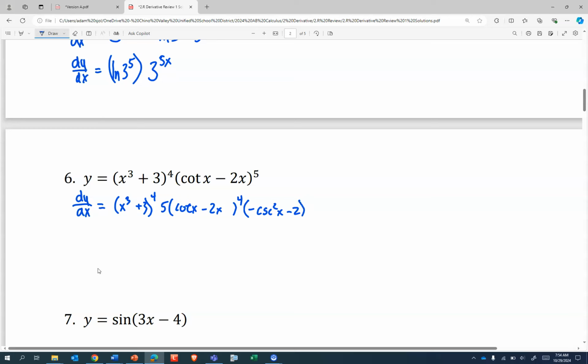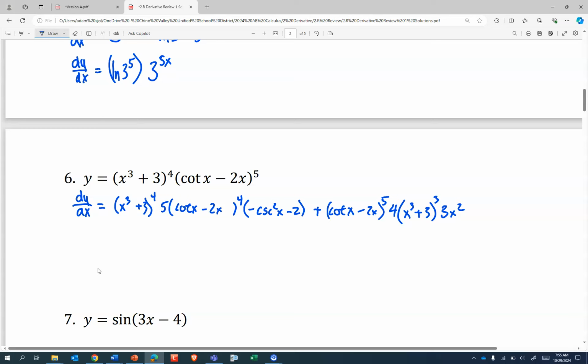And then what are we going to do? We are going to add the second function, cotangent of x minus 2x all to the fifth, times the derivative of the first, which is going to be 4 versions of x cubed plus 3 cubed, chain rule times a 3x squared.